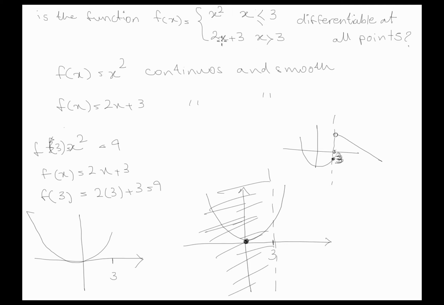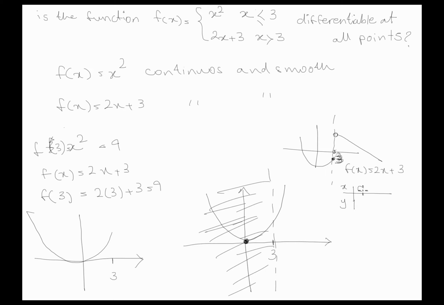Then you want to look at 2x plus 3. It says 2x plus 3 is only going to come into play after x is greater than 3. So we draw our 2x plus 3 graph. If you remember, you just need to know what your values of x and y are. So this is my f(x) is equal to 2x plus 3. You choose any random values of x that you want.